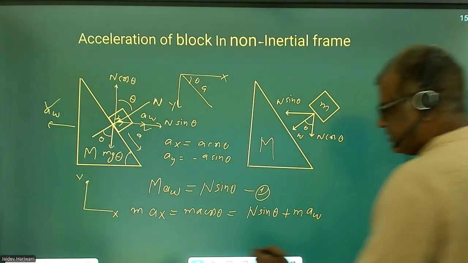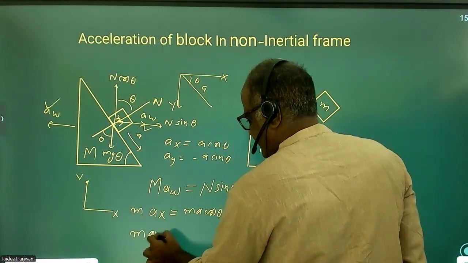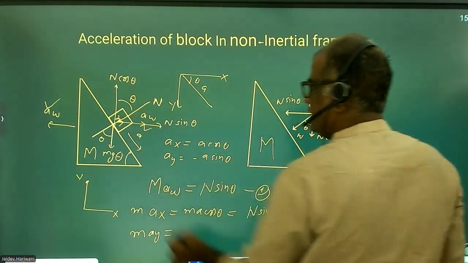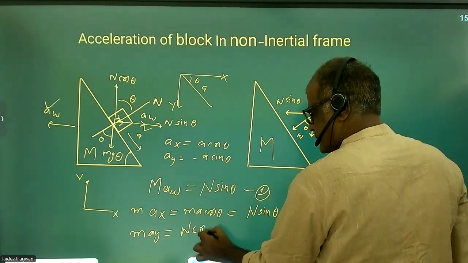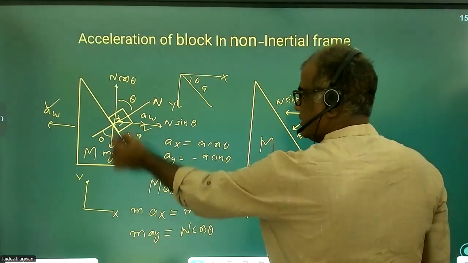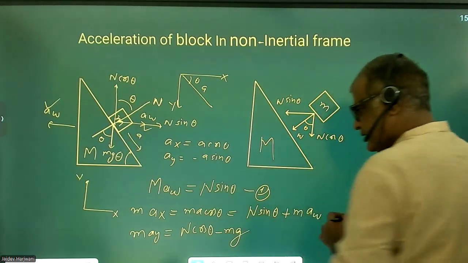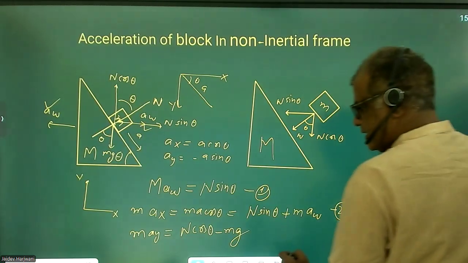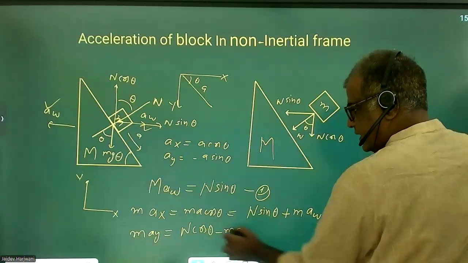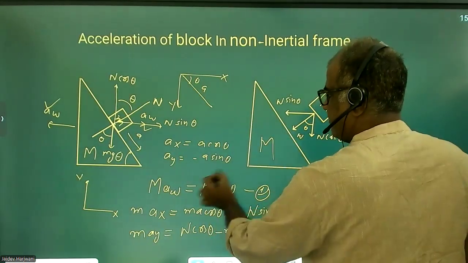Now let us solve for a_y. In the y direction, we have N cos theta, and in the minus direction we have mg. So this is equation number 2, and m a_y is minus m a sine theta.